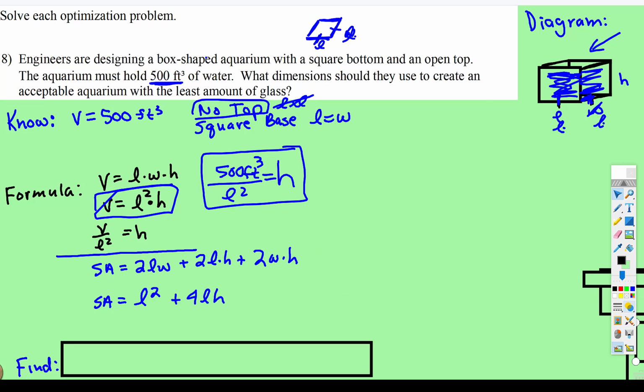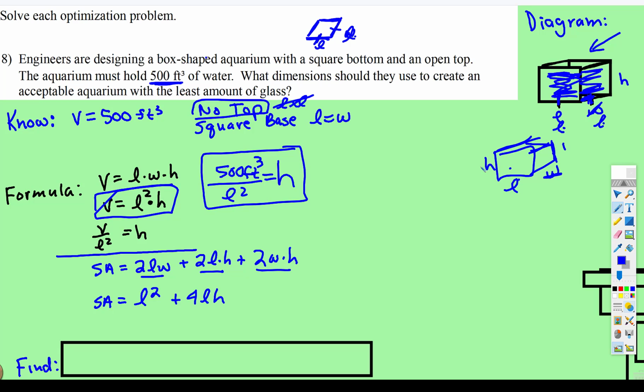And then we've got surface area. So normally if you have a completely closed box, you get a package from Amazon, it has all sides, the surface area for a rectangular prism is twice the length times the width, the bottom and the top, twice the length times the height, so that's the front and the back, and then twice the width times the height. That's the left and right side.